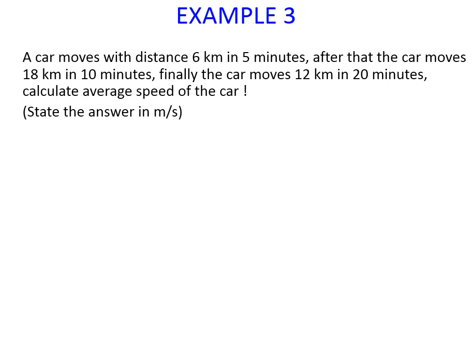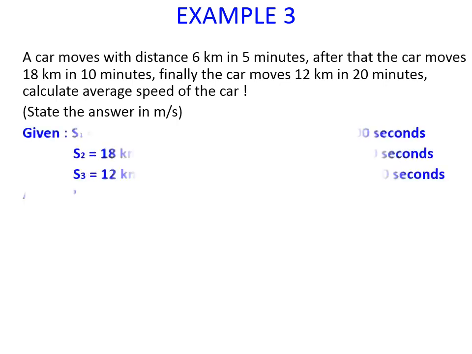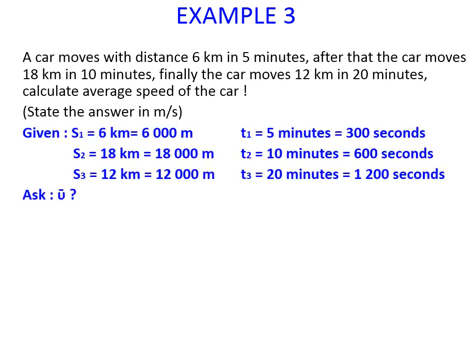From the problem, we can get the information given: S1 equals 6 kilometers equals 6,000 meters. T1 equals 5 minutes equals 300 seconds. S2 equals 18 kilometers equals 18,000 meters.